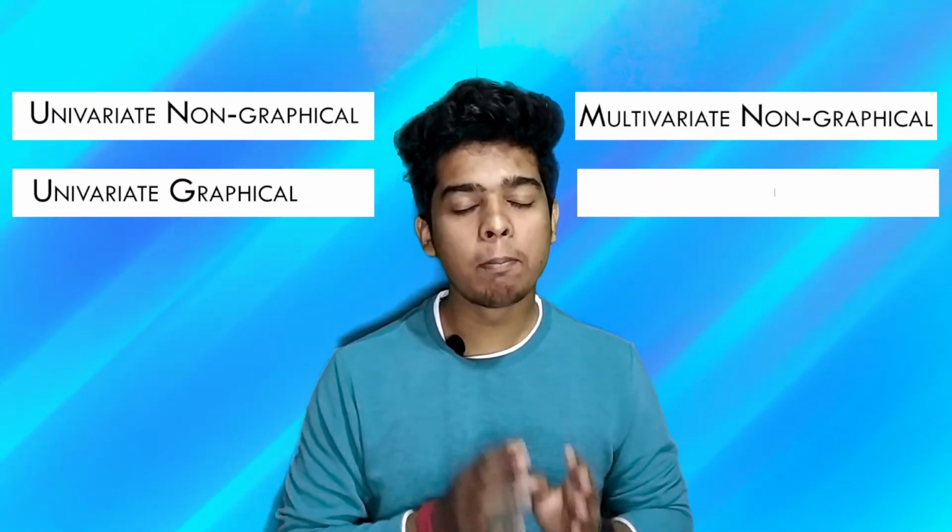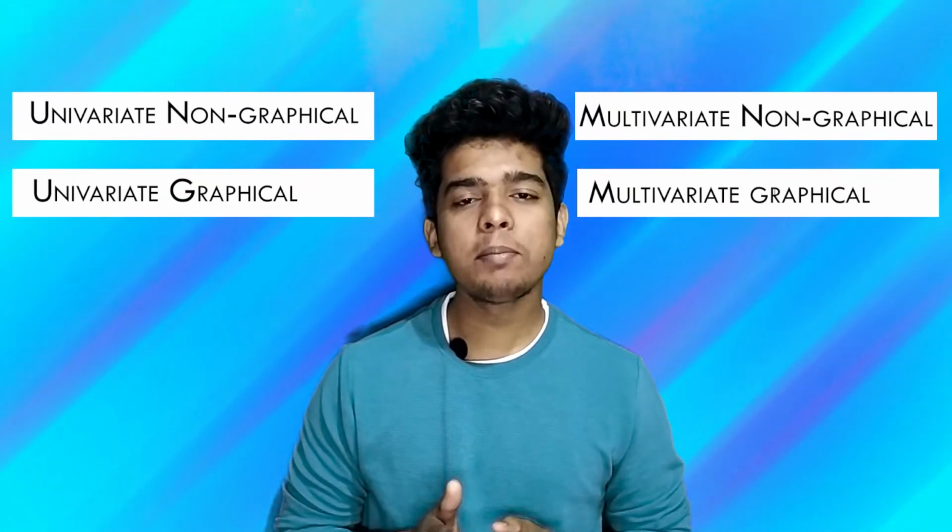First is univariate non-graphical, second is univariate graphical, third is multivariate non-graphical, and fourth is multivariate graphical. Univariate means you use only one data column to analyze your data, and multivariate means you take two or more columns to analyze and find a relationship between your data.